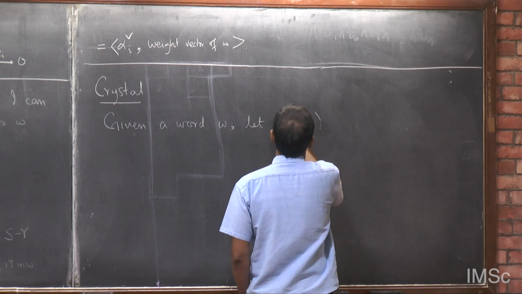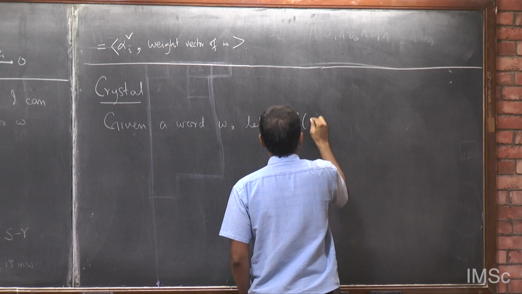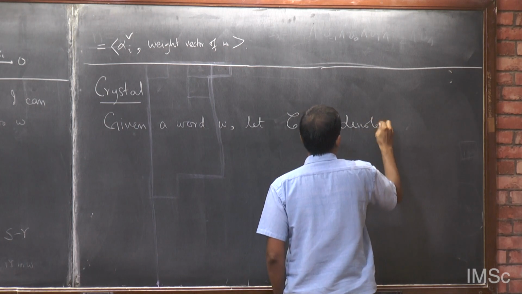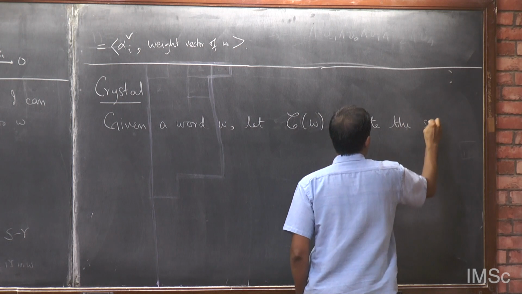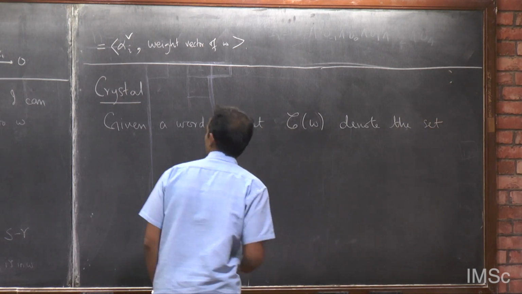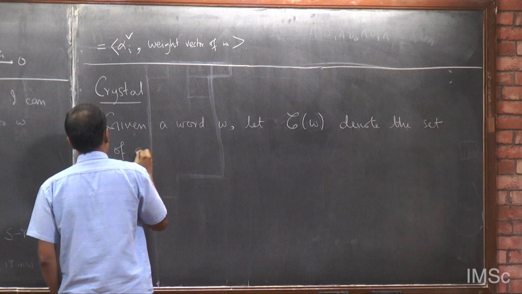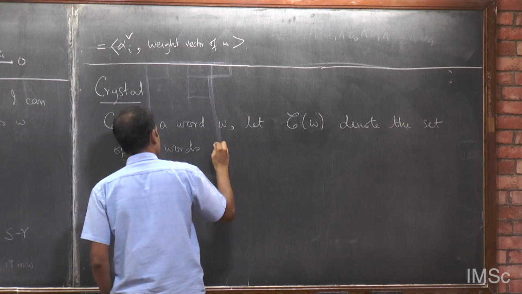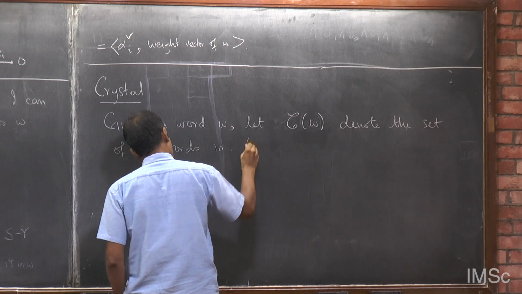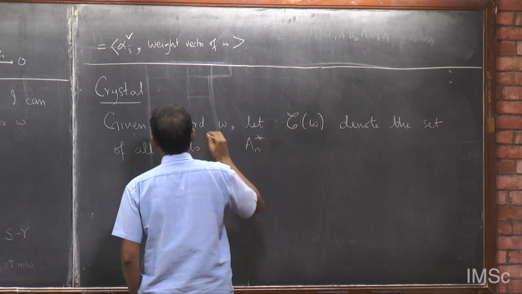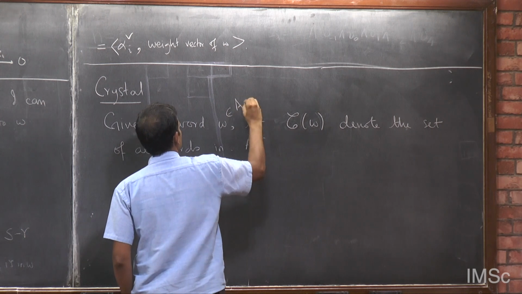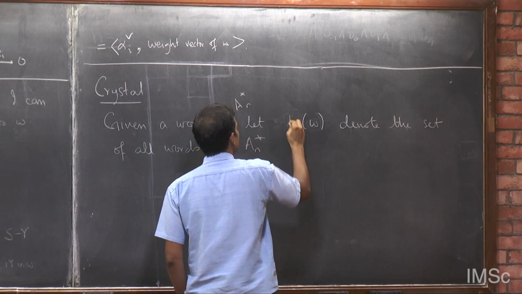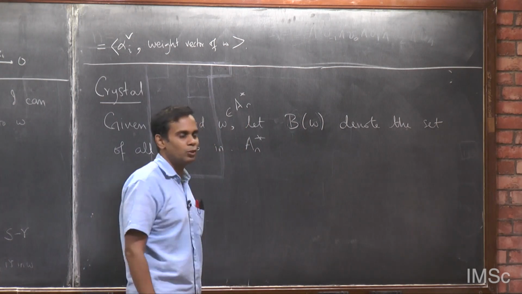So I will call it C of W. Denote the set of all words in A n star, so W in A n star. B of W is good because I am not insisting that W be dominant though.